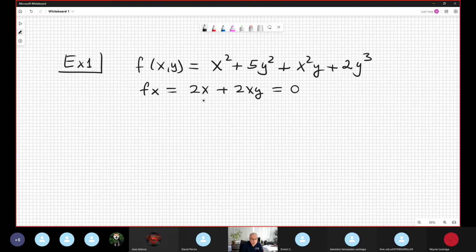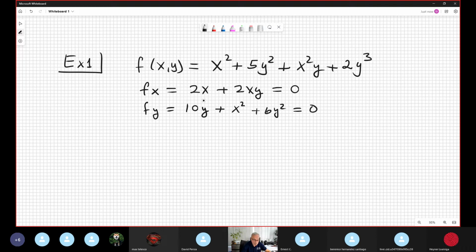And the partial derivative with respect to y. This is 0, this is 10y, plus the partial derivative with respect to y is x squared, and the partial derivative with respect to y is 6y squared.